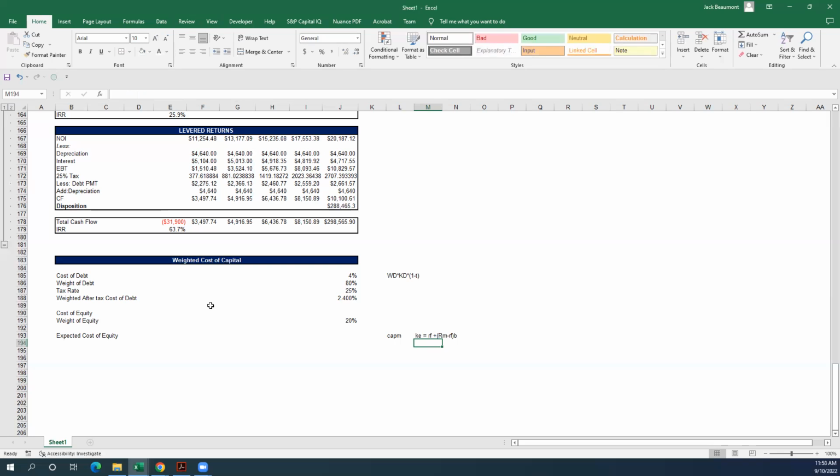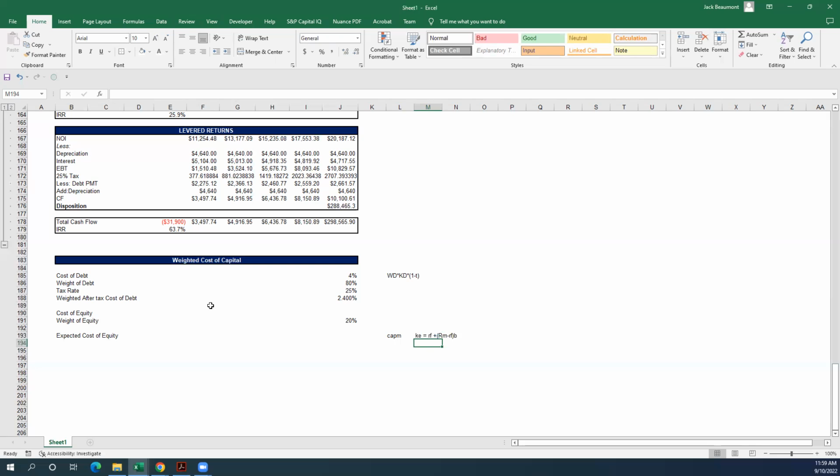And this only works for publicly traded securities, because the beta is the correlation. It's how the subject asset, so if it was like Tesla, how Tesla moves against the market and return to the market, because the market has a beta of 1.